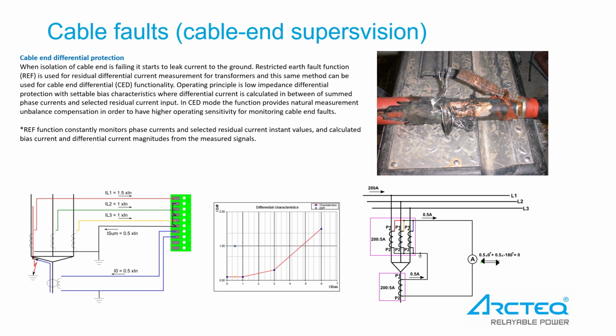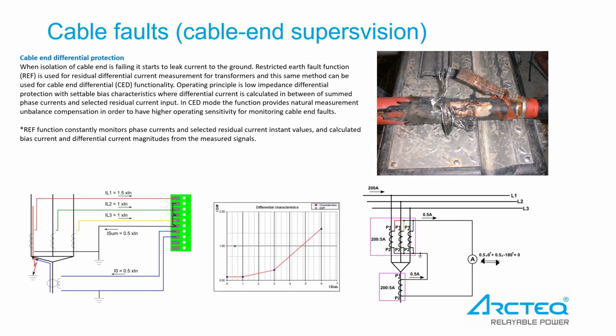When the isolation of the cable end is failing, it starts to leak current to the ground. Restricted earthfault function is used for residual differential current measurement for transformers, and this same method can be used for cable end differential functionality.